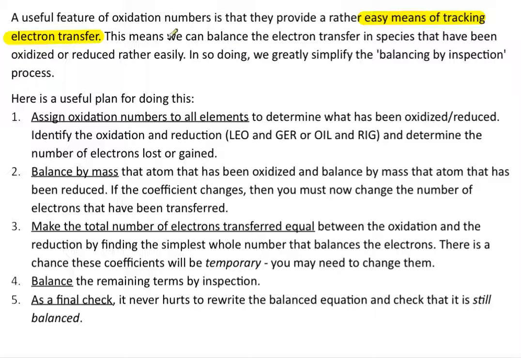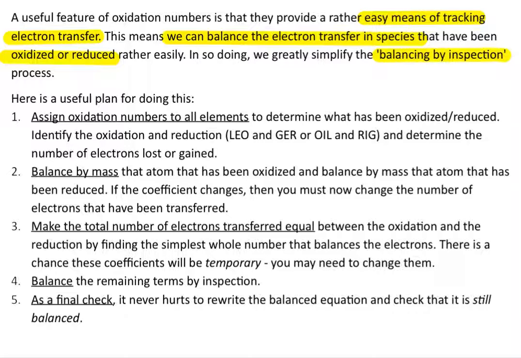Then we can balance the electron transfer in species that have been oxidized or reduced. Rather than dealing with the whole complicated equation like that last example, we just look at what's been oxidized and reduced. In so doing, we pretty quickly balance the electron transfer, and that greatly simplifies any other balance by inspection we have to do. But ultimately, it still is balance by inspection.